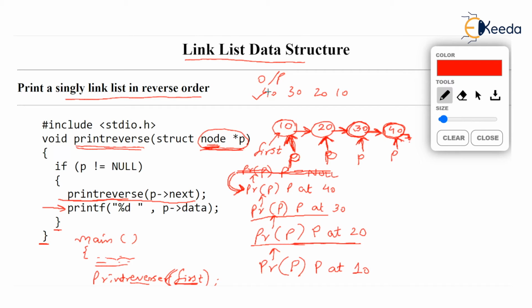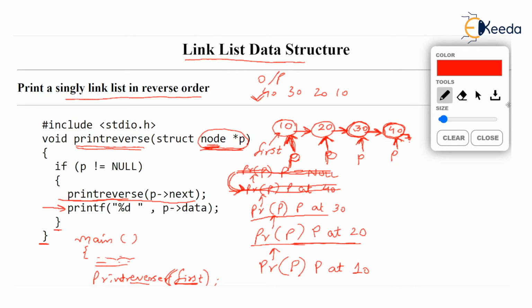I hope you got this. Isn't it so? And now after printing p arrow data, the function ends because there is only end of if and end of the function. So the function print reverse p with p at 40 comes to an end. The function is over because it has finished all its lines.